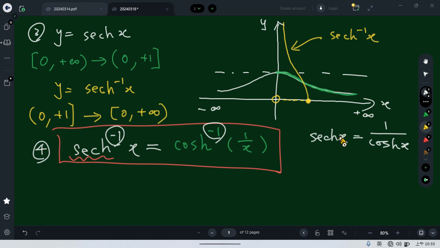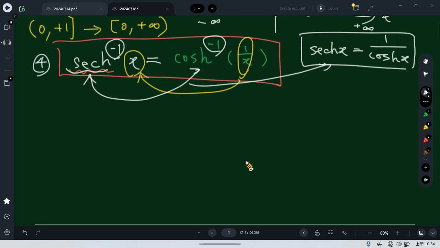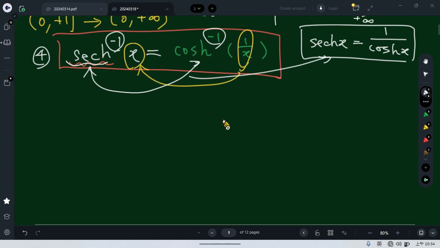Then you can see the corresponding relationship is here, and the corresponding relationship is here. So we have the exact relationship between these two inverse functions, but with different input. This is x, this is 1 over x.